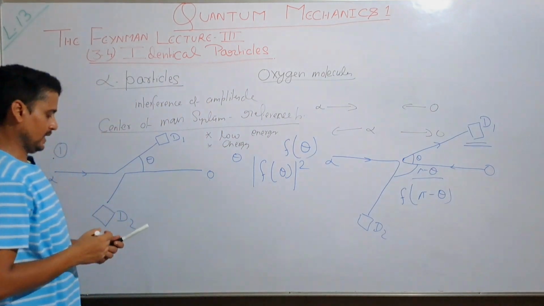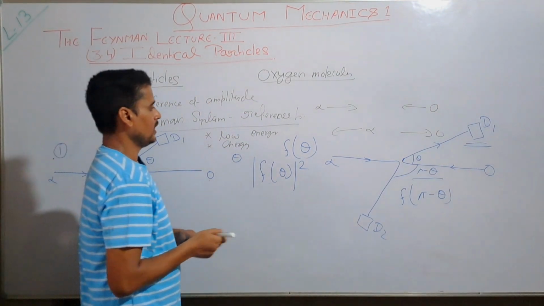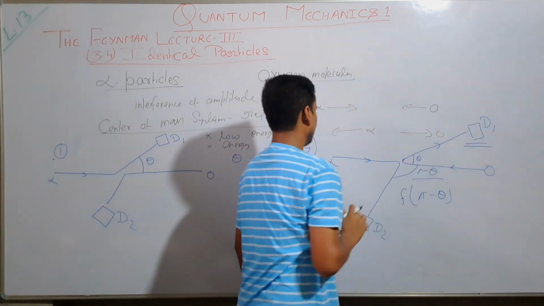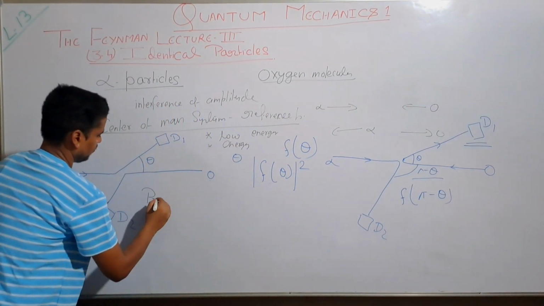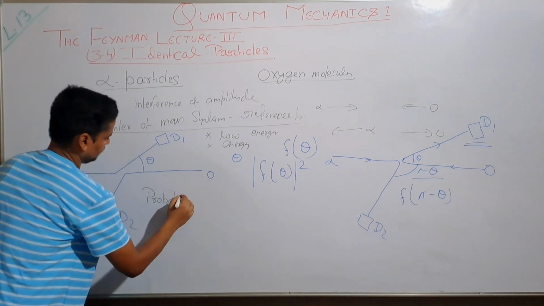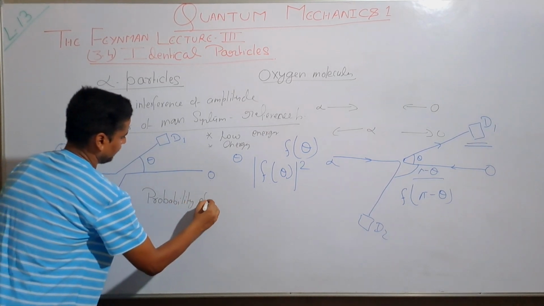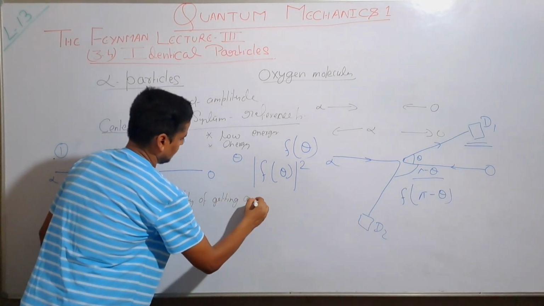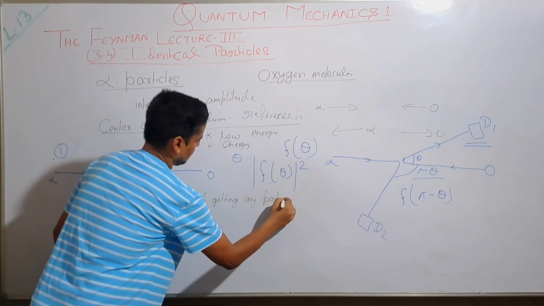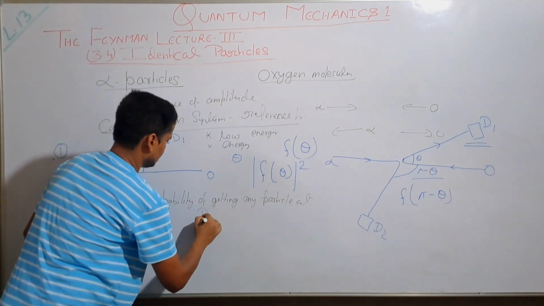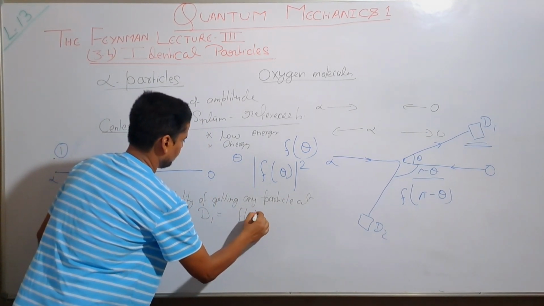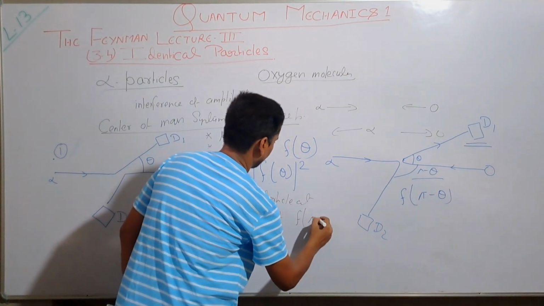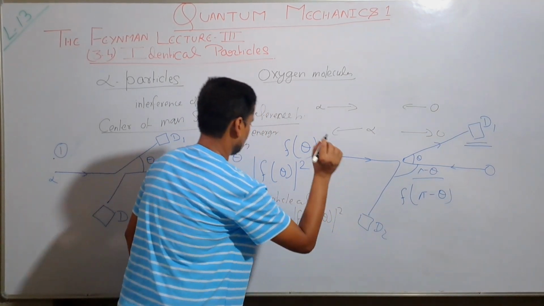The probability of getting any particle at D1 is found by adding the probabilities: f theta whole square plus f pi minus theta whole square.